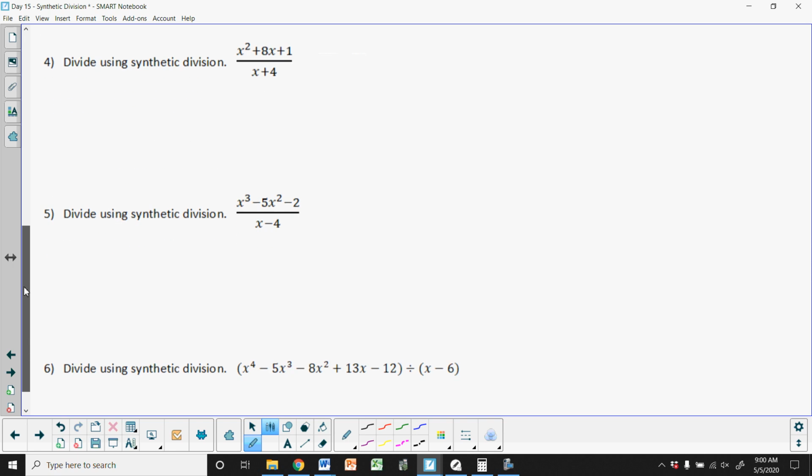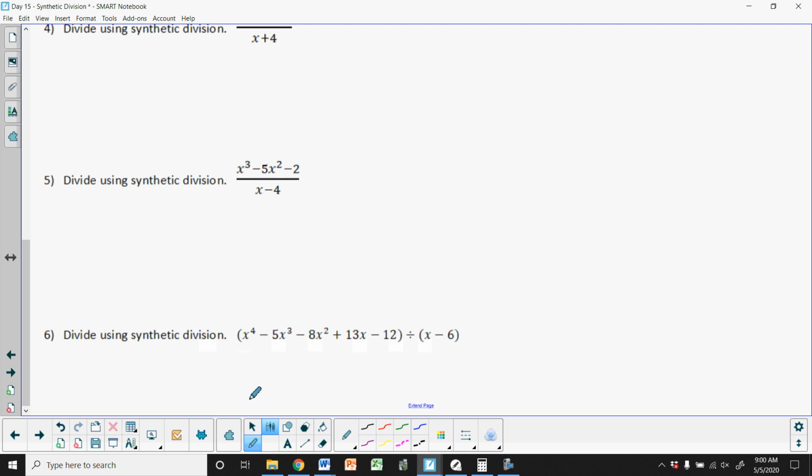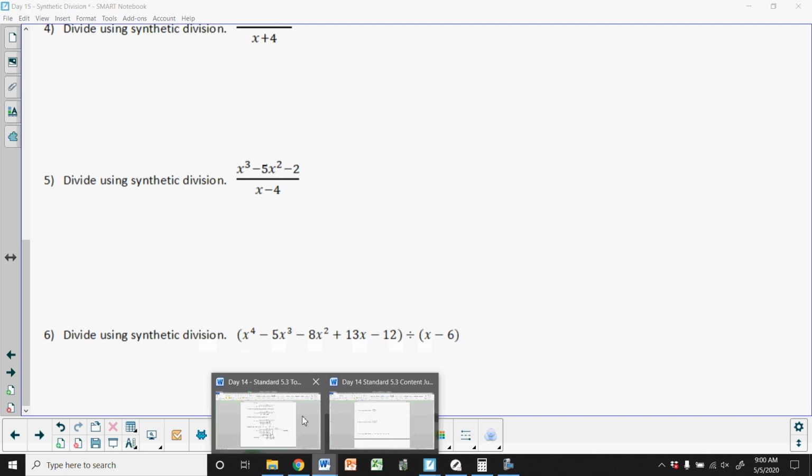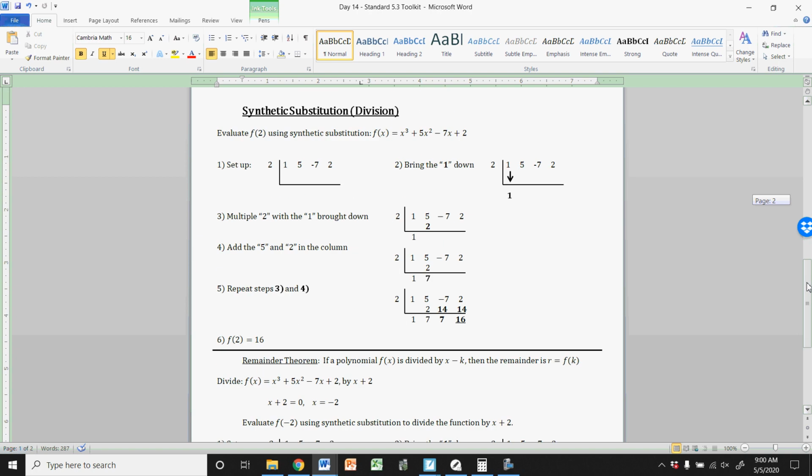If you need to, make sure to check out your notes. Also, you can check out the toolkit, which also has the synthetic substitution division method. So the first one just says evaluate f of 2, and you remember that we did this one to get 16.